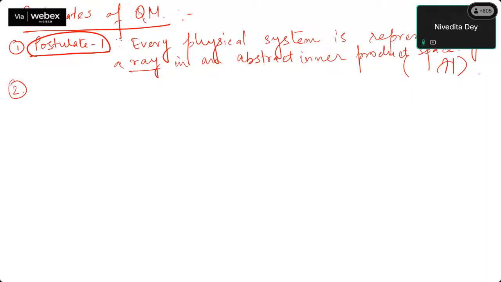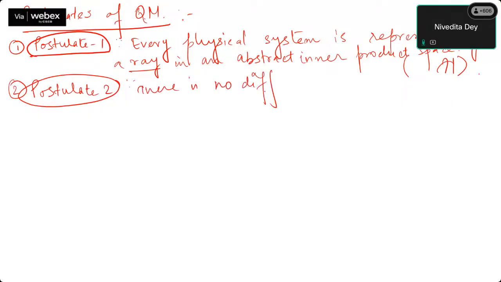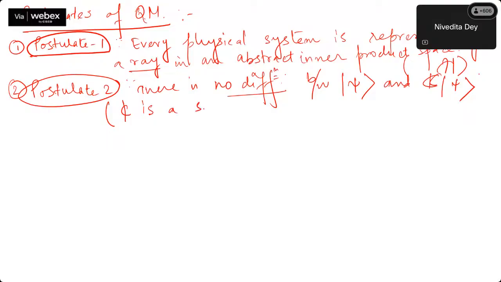And postulate number two, which is very important: there is no difference between psi and some scalar multiple of psi, where this is a scalar multiple or a complex number.